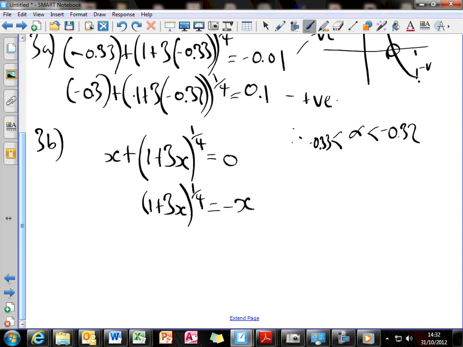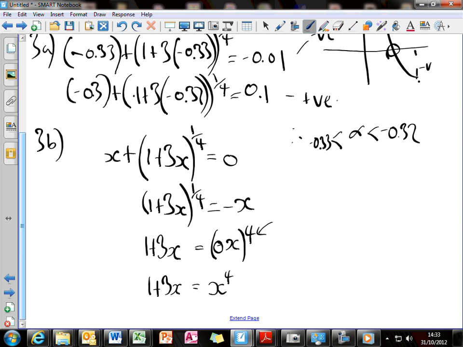And then to get rid of that quarter power, I'm going to raise everything to the power of 4. So on this side I'm going to get this, and on this side I'm going to get minus x to the power of 4. Now this is a negative here, and so the negative to the power of 4 is going to become a positive because this is an even index there. So this is the same as 1 plus 3x equals x to the power of 4.